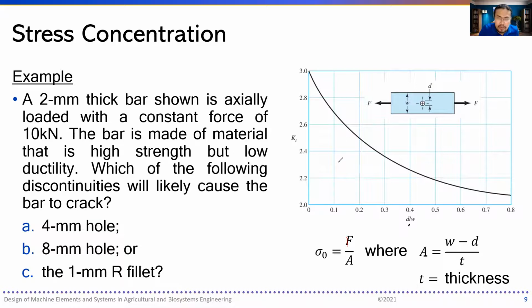So to solve for the W over D, or the D over W, we can simply identify the K sub t by plotting them, or correlating them via this diagram. This is from Shigley's Mechanical Engineering Design, lifted from the book under fair use policy. Okay, so let's try to solve for the problem.